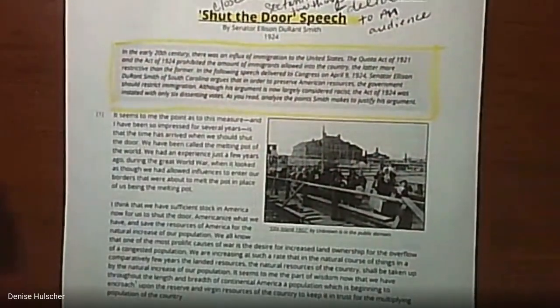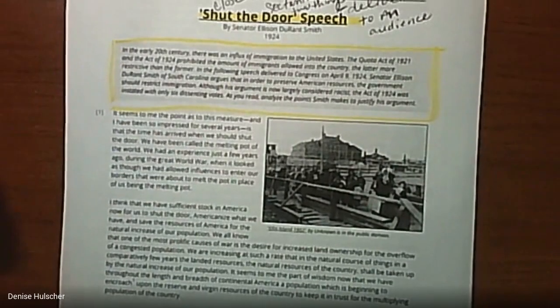Okay. And in the introduction, in the early 20th century, there was an influx of immigrants to the United States. The Quota Act of 1921 and the Act of 1924 prohibited the amount of immigrants allowed into the country, the latter more restrictive than the former. In the following speech delivered to Congress on April 9th, 1929, Senator Ellison Durant Smith of South Carolina argues that in order to preserve American resources, the government should restrict immigration.